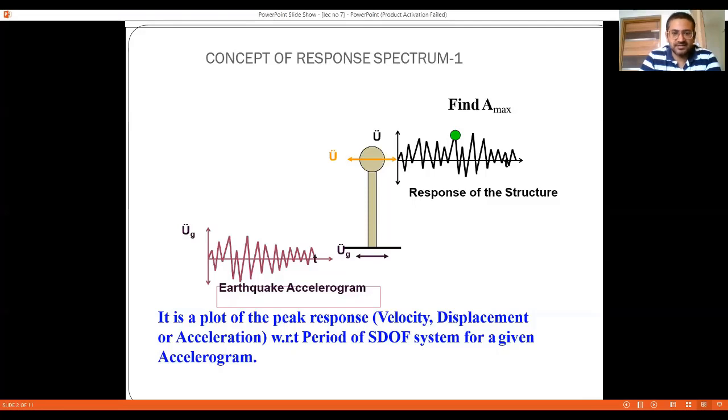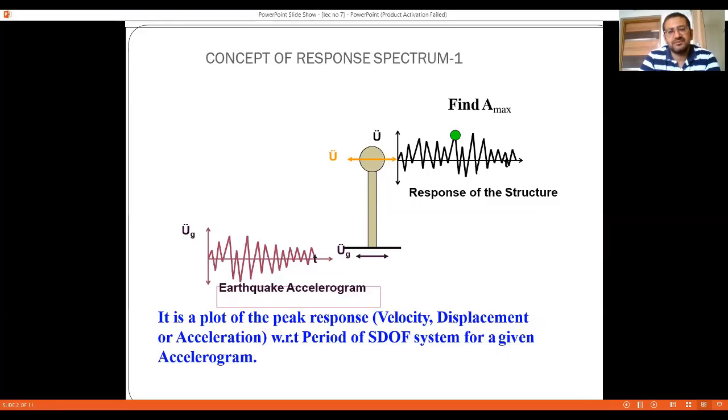Once that is happening, the structure above undergoes displacement, and based on the degrees of freedom and the concentration of mass at the floor level, the maximum displacement and maximum amplitude are calculated. So the response spectrum method is basically a plot of peak response.